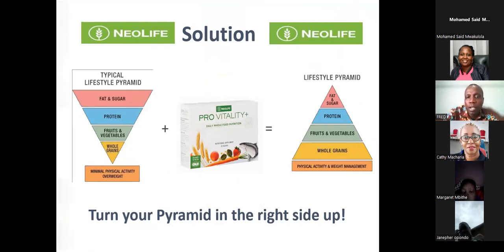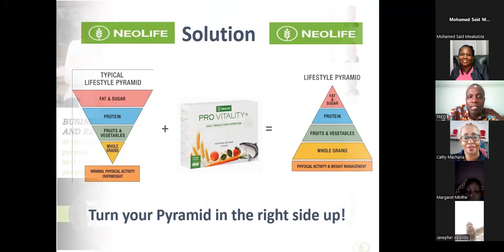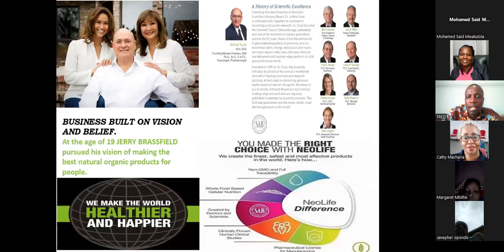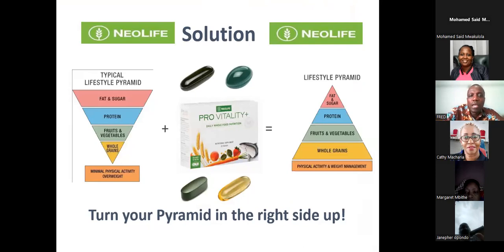Now, moving on, let's look at some of the products that Neolife has to offer. One of the key products is called Pro Vitality Plus. Pro Vitality Plus helps to turn your pyramid the right way up. If you take Pro Vitality Plus, you are able to get the foods that you need in your body to turn your pyramid the right way up.